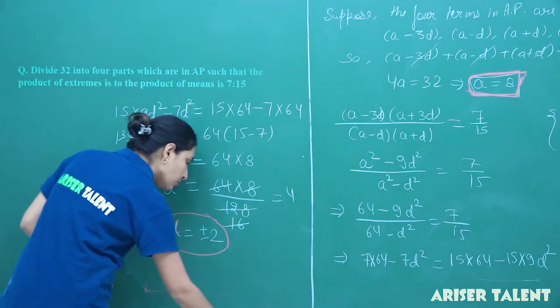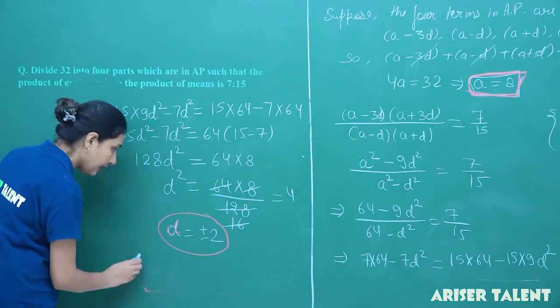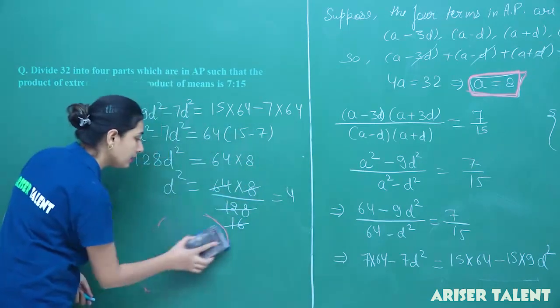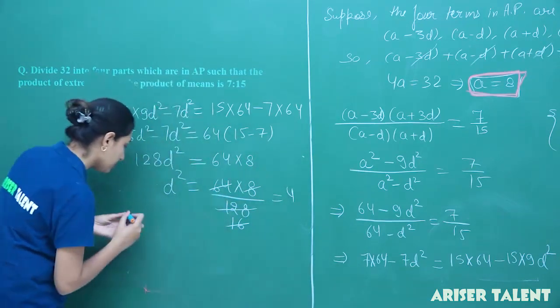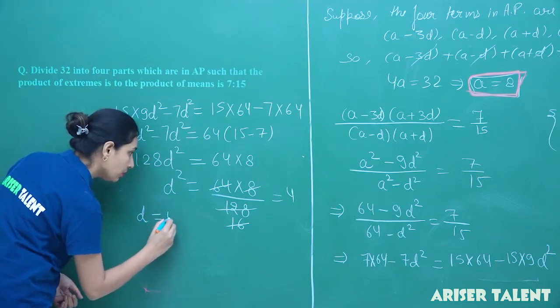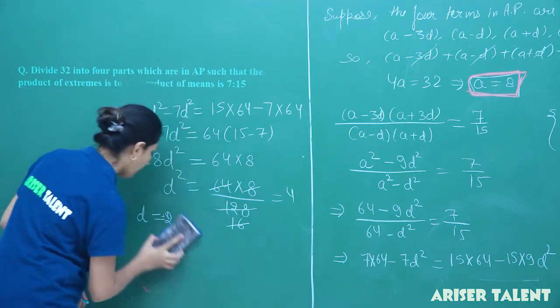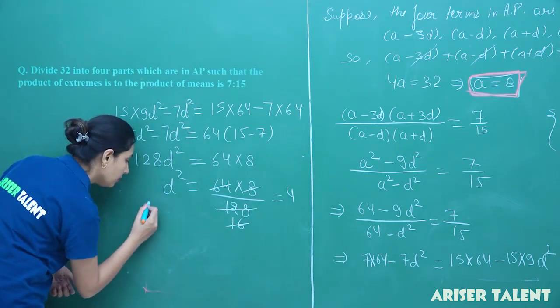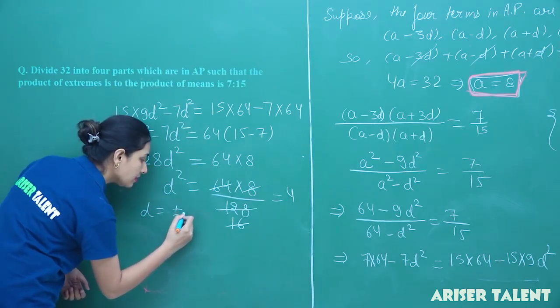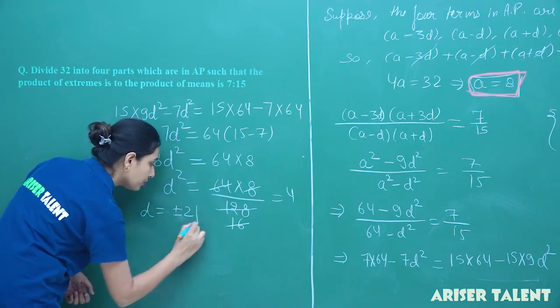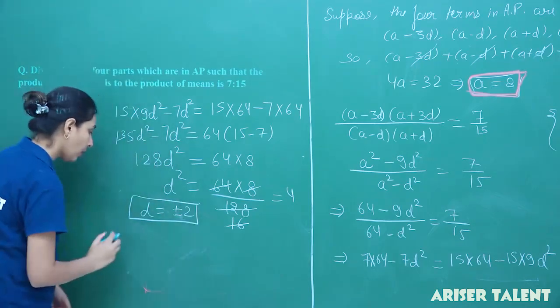Okay. I am just writing it here so that I can have enough space. D equals plus minus 2. Right. Okay.